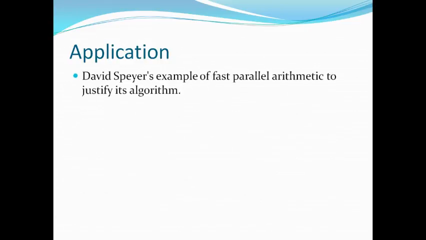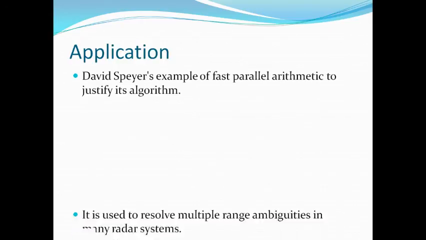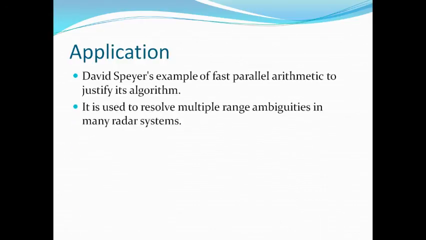Now the applications. The David Speiler example of fast parallel arithmetic uses the Chinese remainder theorem to justify its algorithm. It is also used to resolve multiple range ambiguities in many radar systems. What is multiple range ambiguity?